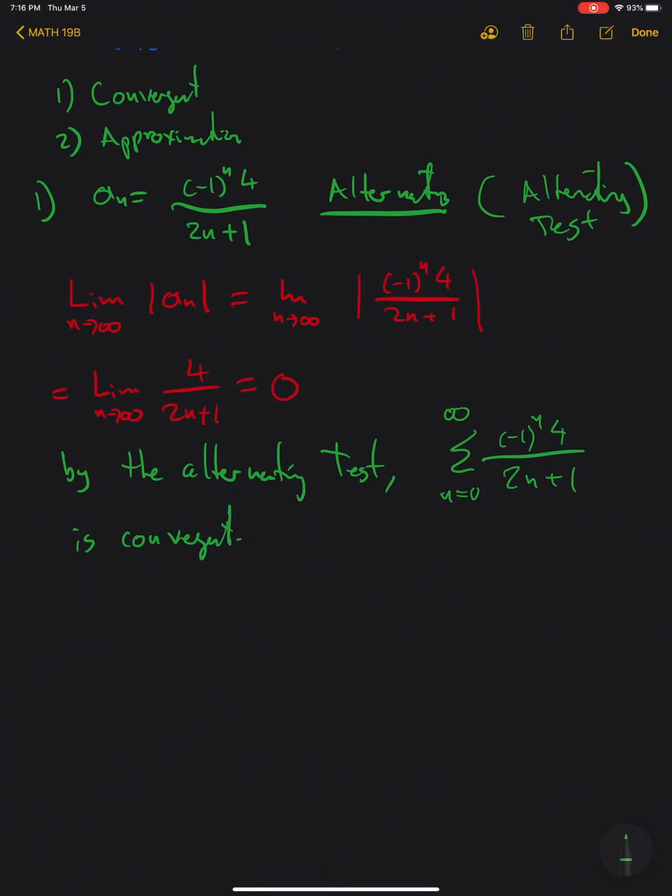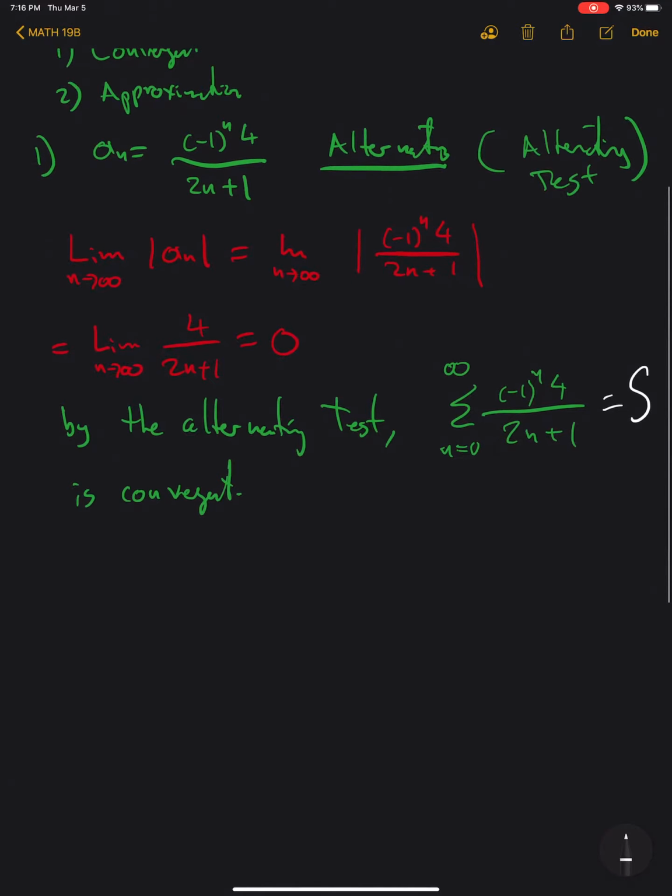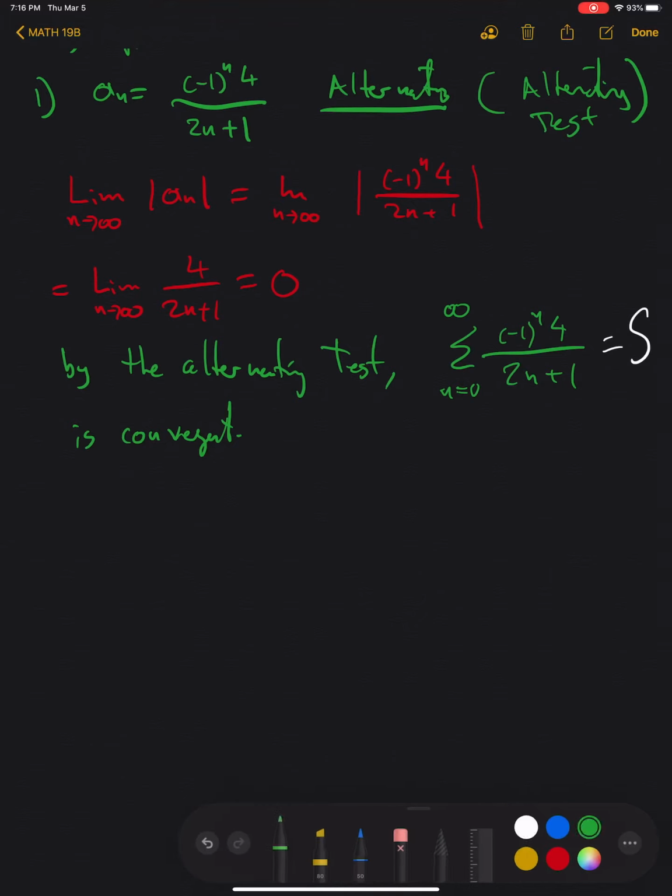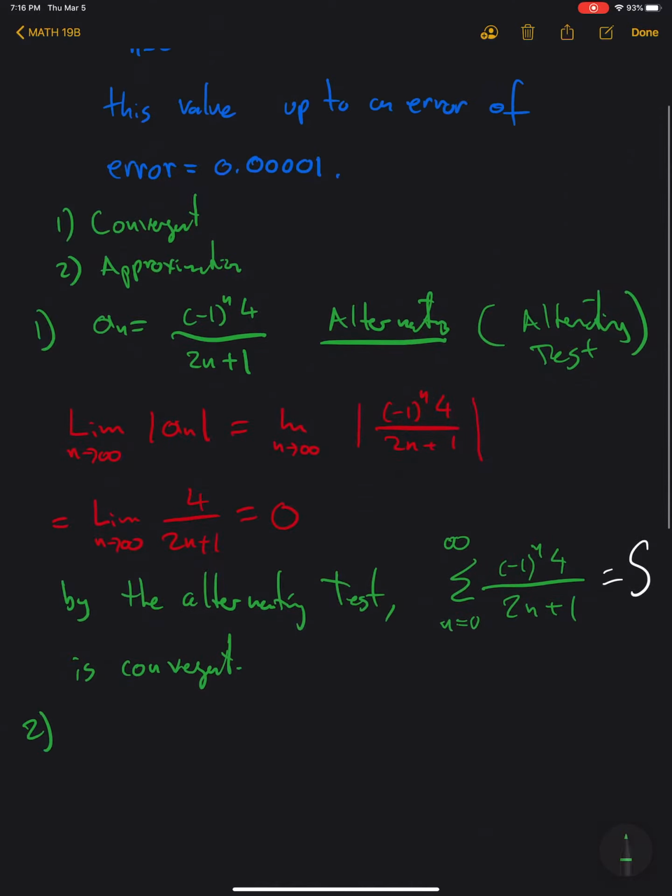So that's the first part. We now know that there is a number out of this sum, which we can call S, an existent number. And now we need to approximate that number within the prescribed error, which is this one.